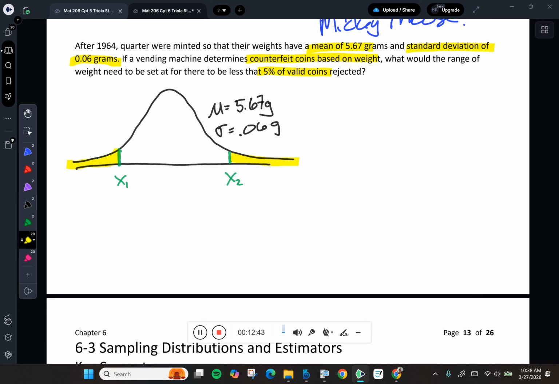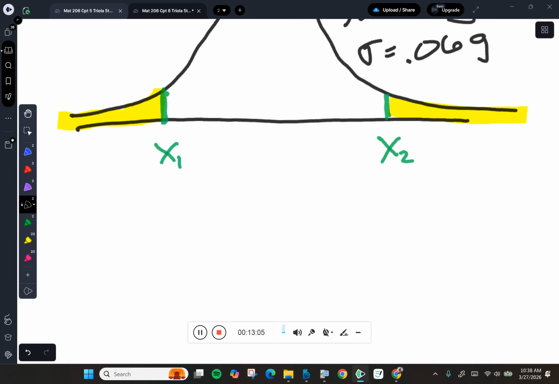Now, if I was speaking from a stats point of view, I could say that I am looking for critical values that are going to separate excessively light and excessively heavy, or significantly light and significantly heavy coins. And we could say then that this x sub 1 over here is negative z sub 0.025.